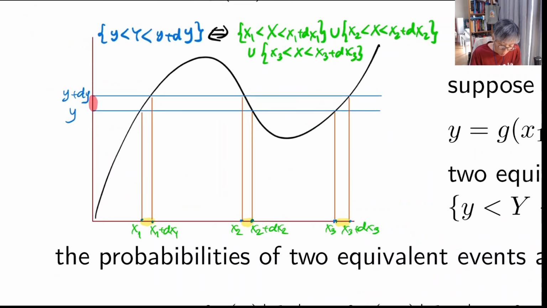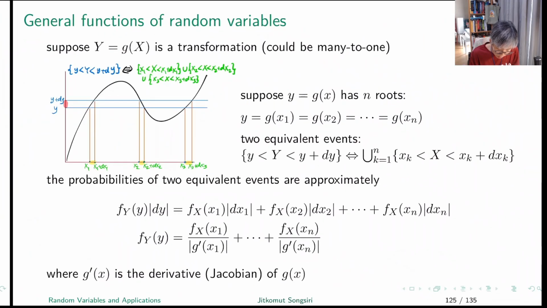Whenever y lies in this interval, that's equivalent to x lying in this interval, or this interval, or this interval. So in terms of sets, we express it by this: it's equivalent to the union of the yellow intervals.